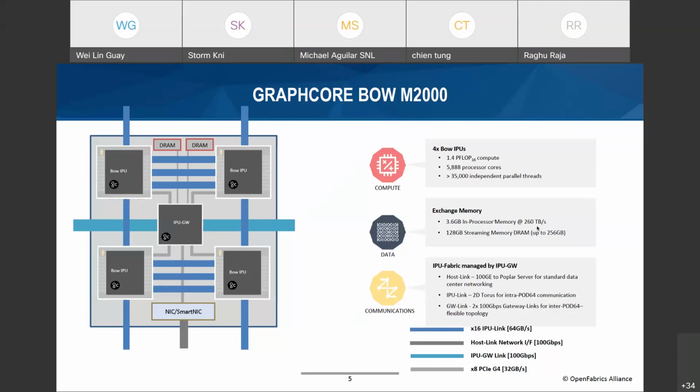In addition, it has gateway links that are a 100 gigabit Ethernet interface. We use a proprietary Ethernet protocol for that. And as you can see at the bottom there, you see the RNIC, which provides the link to the host.